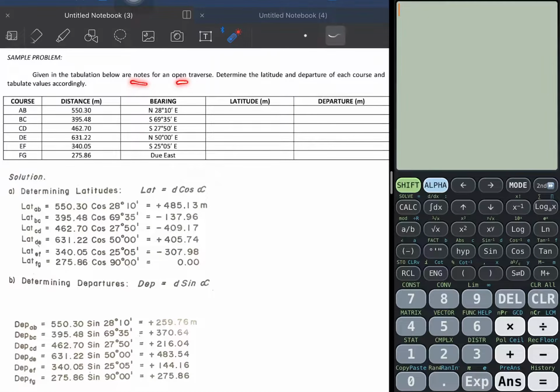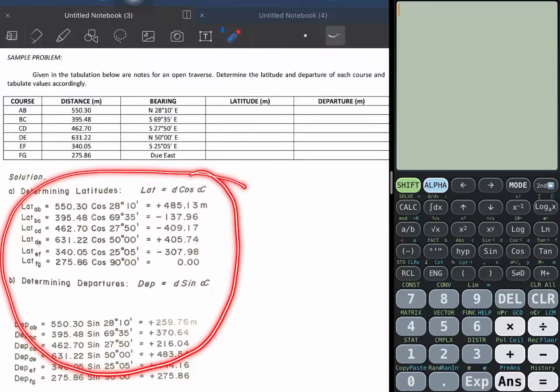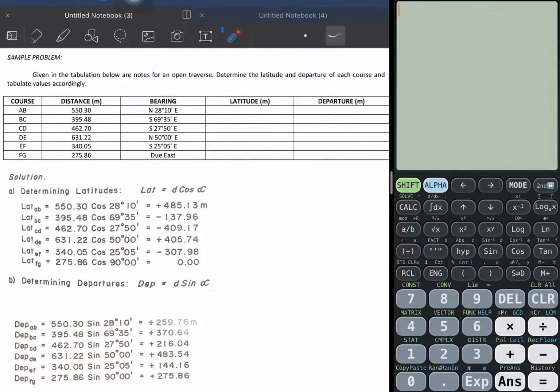You are given the tabulation below, which are notes of an open traverse. You are to determine the latitude and the departure of each course and tabulate the values accordingly. I already have the solutions for this, but I will first discuss what latitude and departure are.